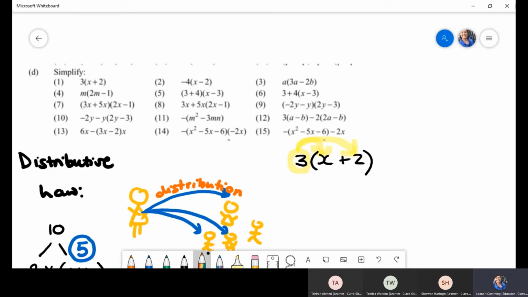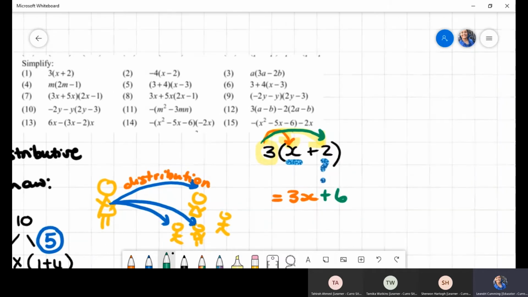Because what happens now is students only focus on this and then they forget about the second term. So to be very correct, accurate, we have to let 3 times x become 3x and then go back and let 3 times 2 become plus 6.